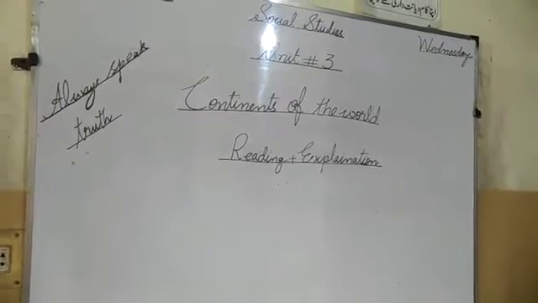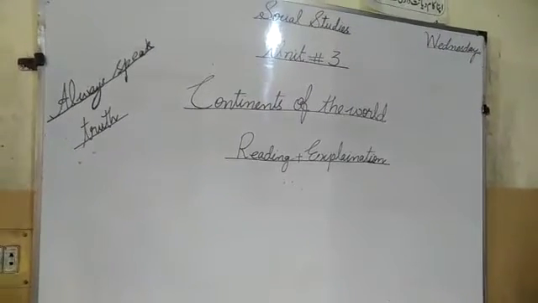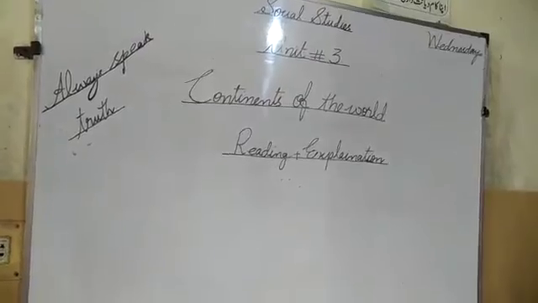Okay, let's proceed with our reading. Unit number 3, continents of the world. Okay students, make sure you have a pencil with a sharp tip and a scale also to underline important points.